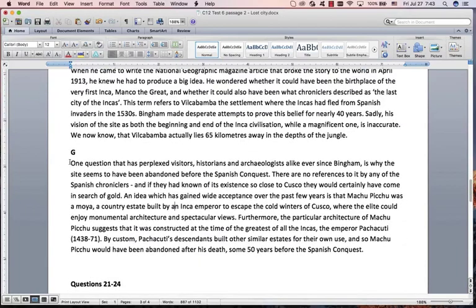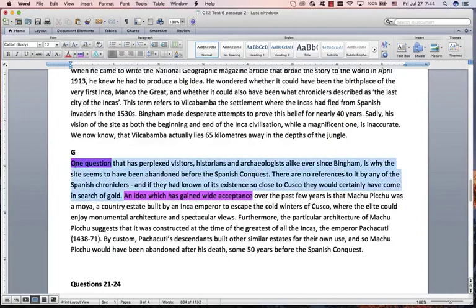The next paragraph's a bit easier if you can recognize the structure of this paragraph. It's a question-answer paragraph, a fairly common paragraph type. They provide a question and then they provide the answer. Here's the question and here is the answer.